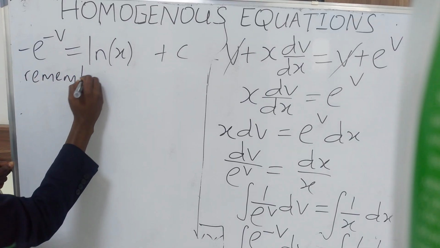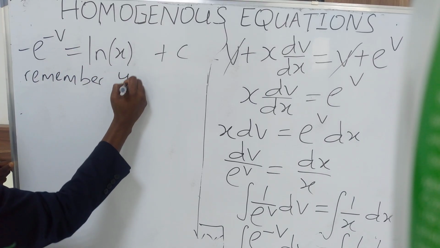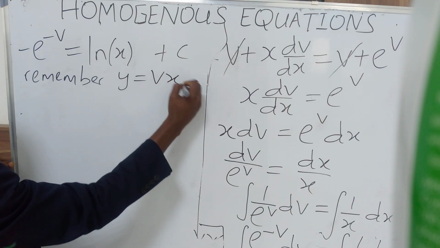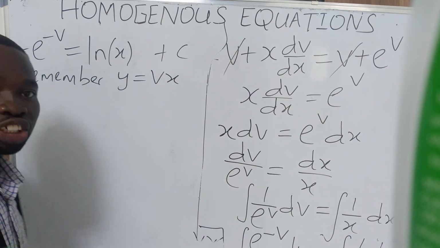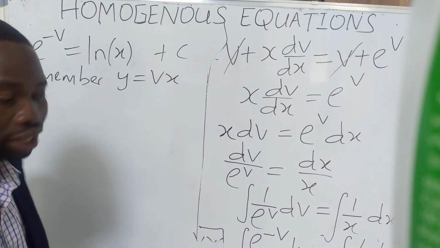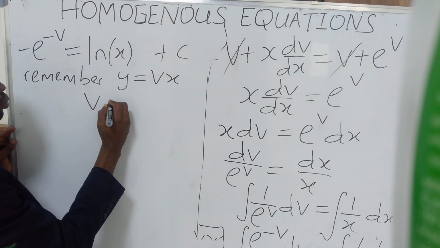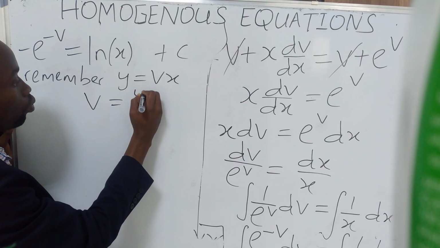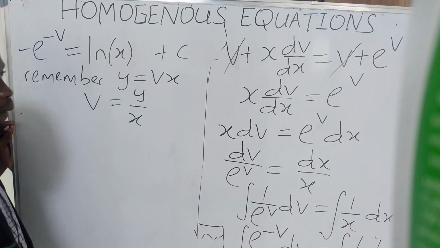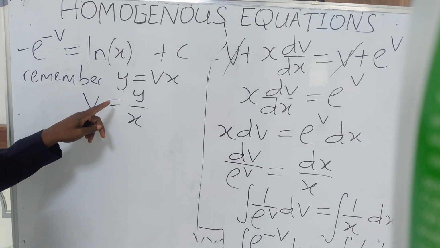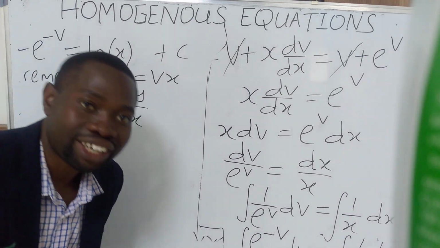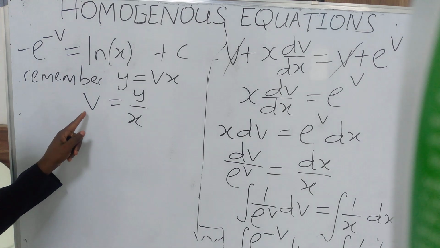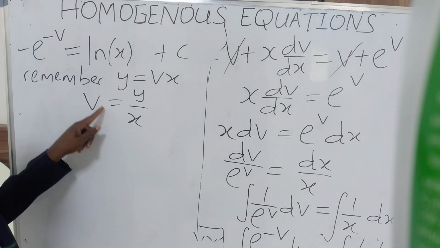So for the final answer, I'm going to return back. Remember that y is equal to vx. So I'm going to make v the subject of the formula. It's going to give me v is equal to y over x. For you to get the final answer, you must substitute back the value of v into here.